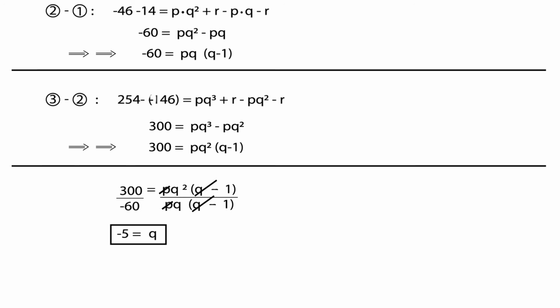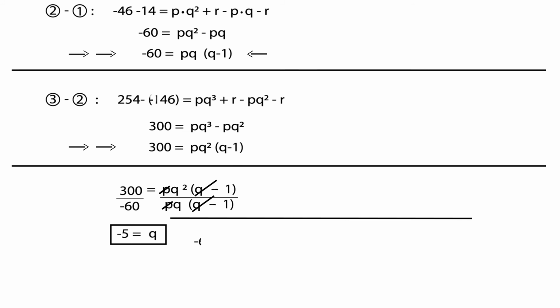So that's good. Now we can solve for p. We can just put it back into here, or anywhere really. So if I put q equals minus 5 into there, let's see what I will get.